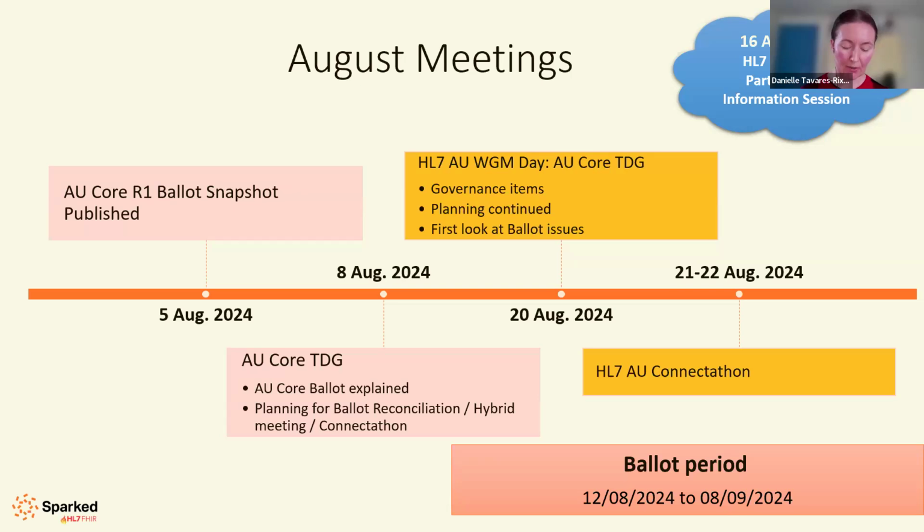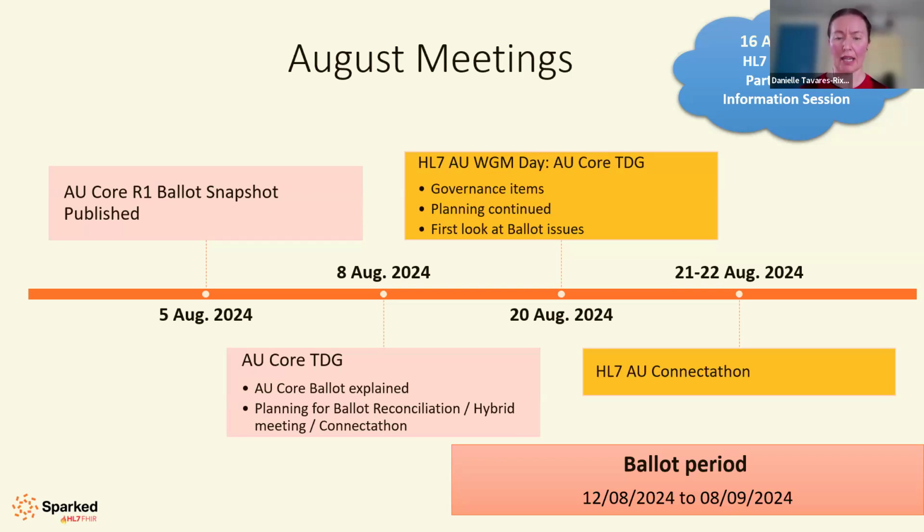We're going to be talking about the ballot: how does that relate to the technical design group, what are we supposed to do when it comes to ballot responsibilities and activities and how we respond, and also do some planning for how we're going to reconcile the ballot issues that come out, and for the AU Core Connectathon that's coming up in August. That's the plan for the 8th of August.